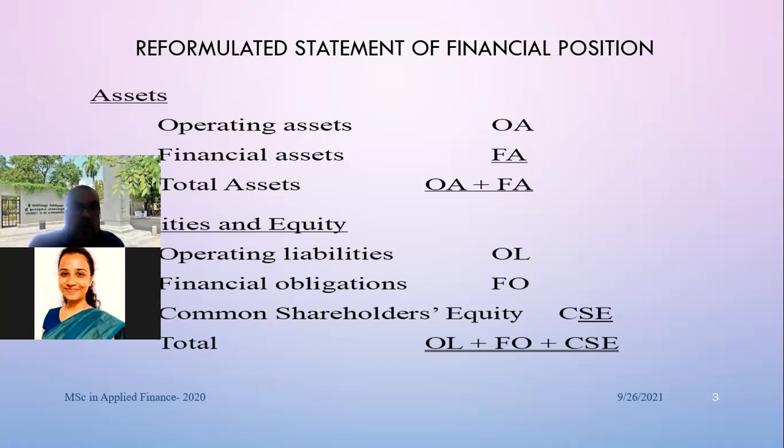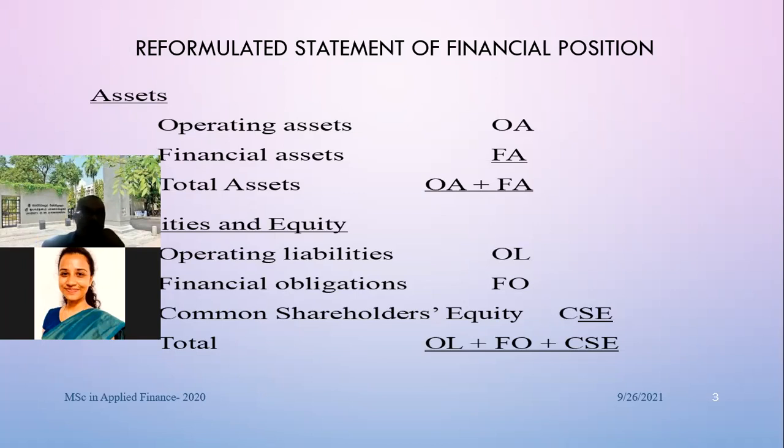First, you identify operating items. When we have assets, what are the operating assets? The rest would be financial assets. When it comes to liabilities, what are the operating liabilities? The rest will be financial liabilities. The proper term we use is financial obligations. So this is how the items are interpreted.